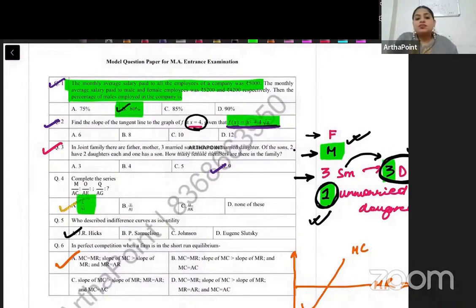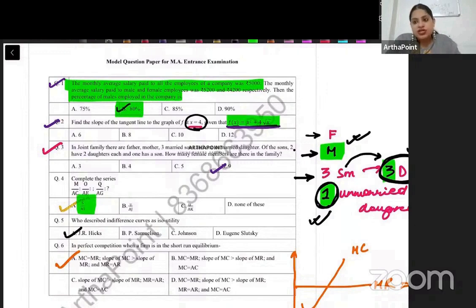It says, who described indifference curve as iso-utility? So, first of all, you have to understand that you must remember some names for all the exams. Not just for Gokhale.